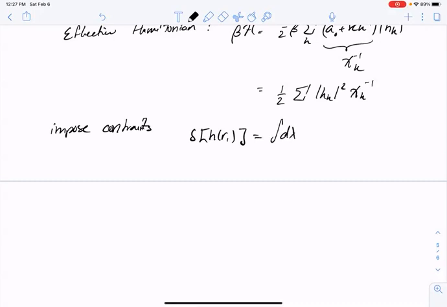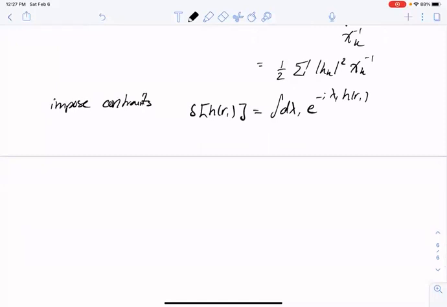Let's introduce a Fourier representation of that delta function with an auxiliary variable lambda 1. And thus, the Fourier representation would be e to the i lambda 1 h of R1. So we'll take this form, assuming that the binding site is infinitesimal.